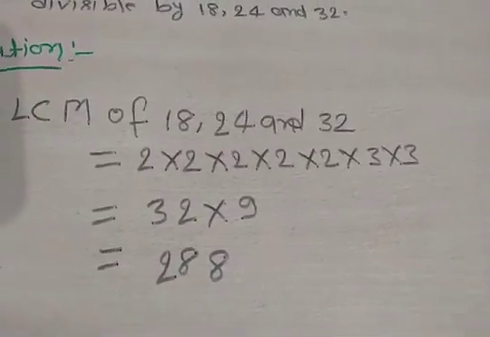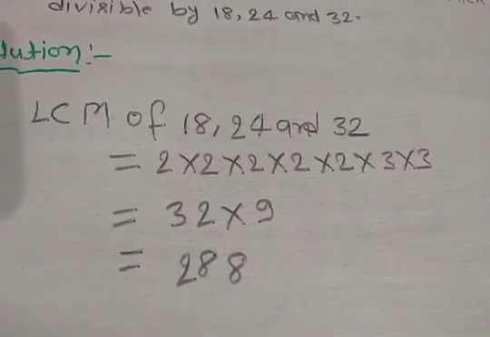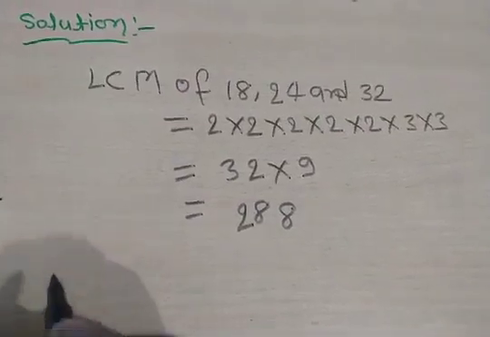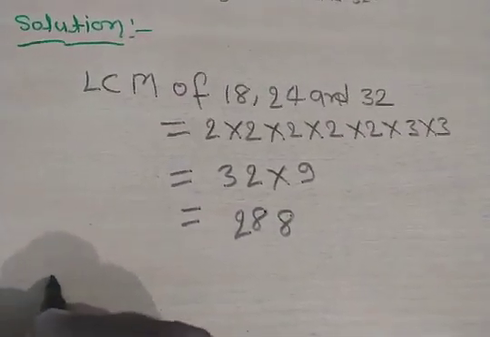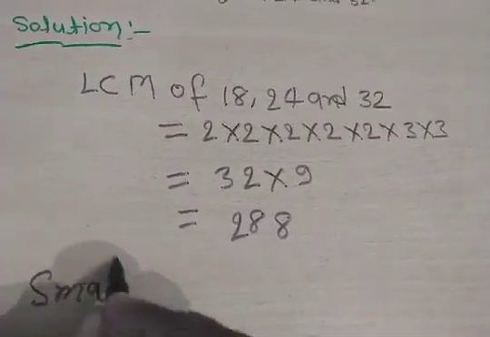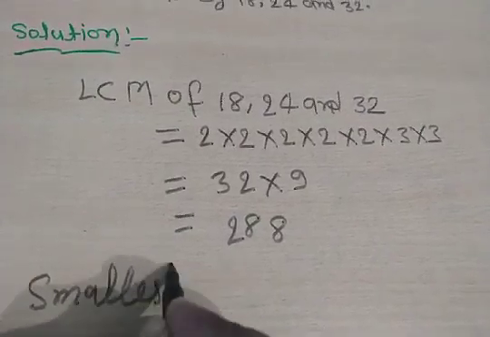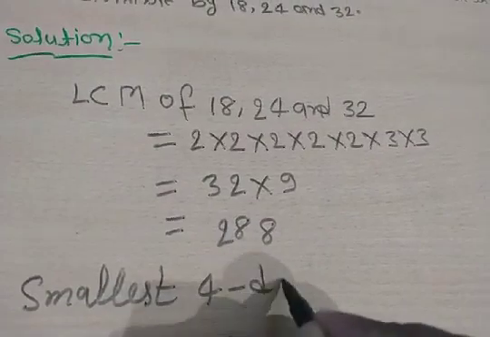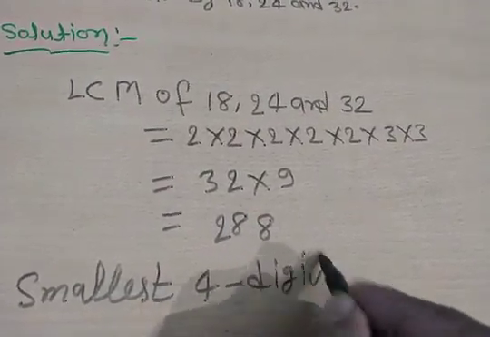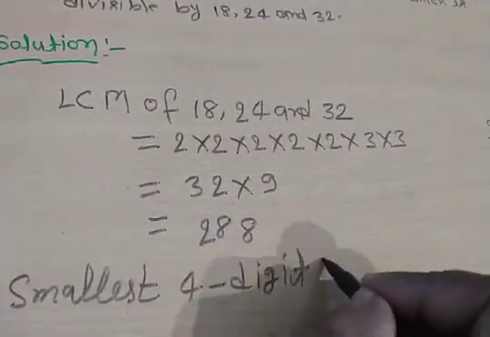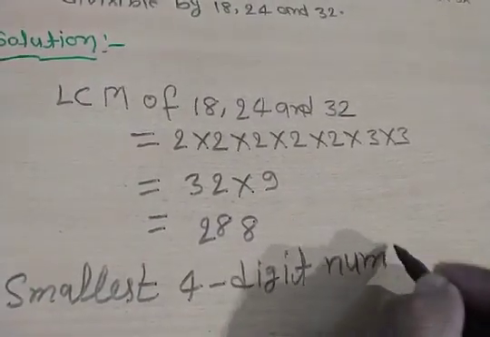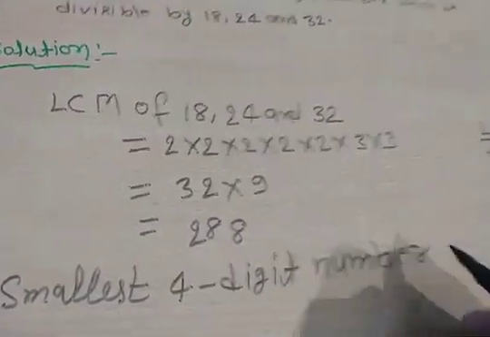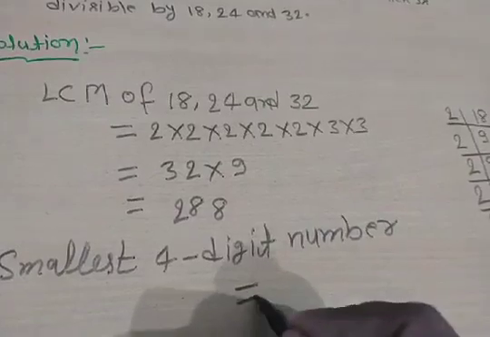Okay, so what is the smallest 4-digit number? So after this we write smallest 4-digit number. The smallest 4-digit number is 1000.